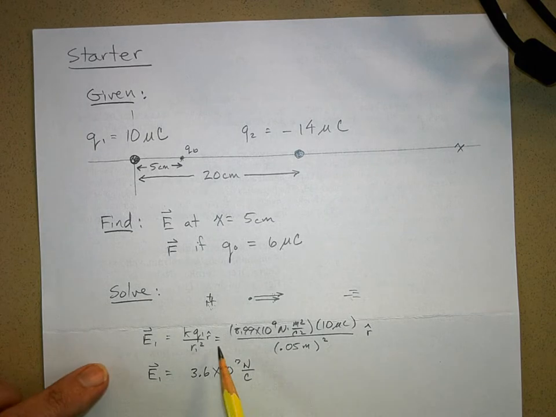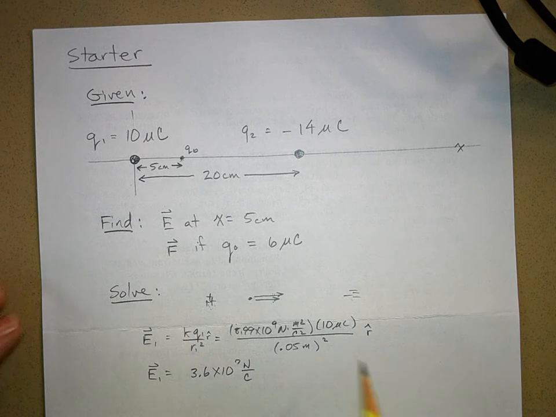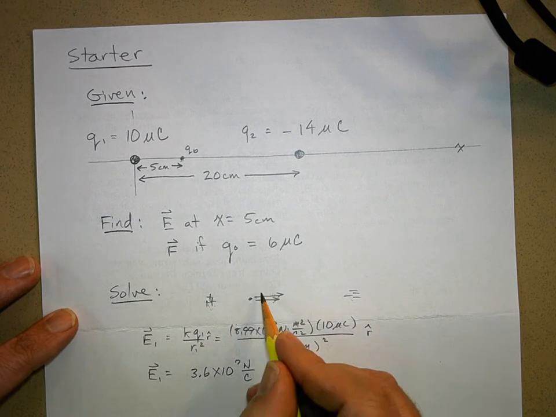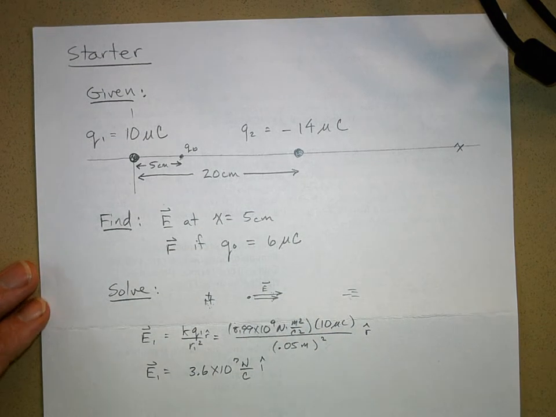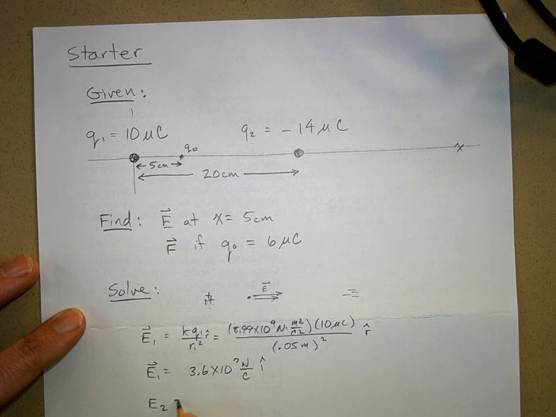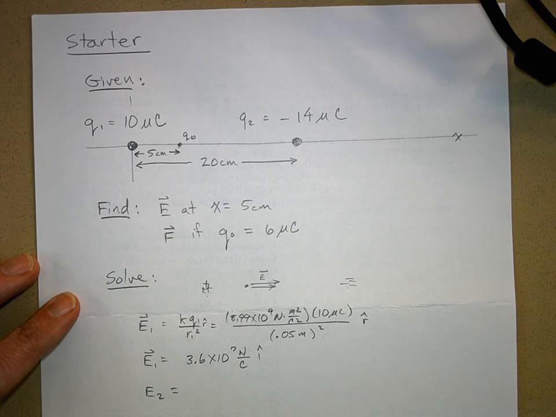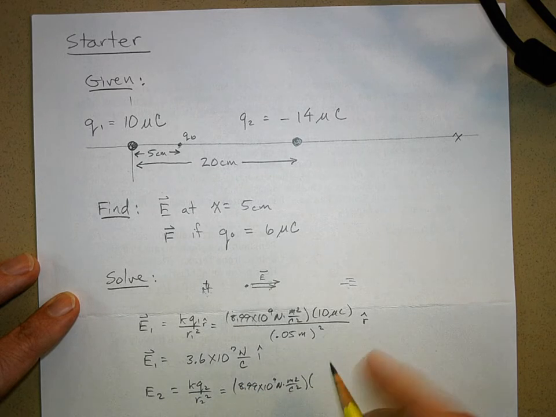Now, what does R hat mean? Now you have to look at the problem and decide what direction it's actually in. And I'm going to say, oh, here's E1 right here. It's in the I hat direction. Now let's figure out what E2 is. It's K Q2 over R2 squared. And that's equal to 8.99 times 10 to the 9 newton meters squared per coulomb squared times negative 14 microcoulombs.